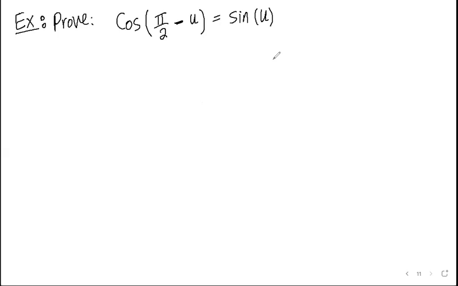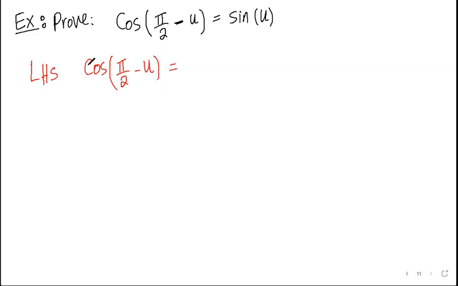Which side should I use? Left. So Martin said it's better to use the left side. So left hand side, I have cosine of pi over 2 minus u.